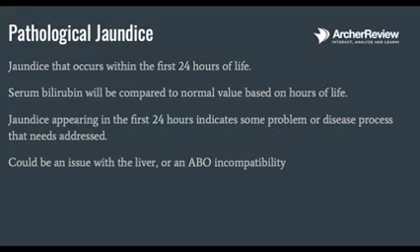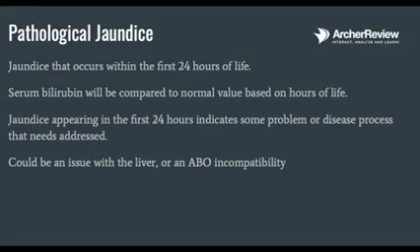Another really big one is an ABO incompatibility. Now, we have a whole other lecture that gets into ABO incompatibilities, but remember, this is when mom and baby have different blood types, and it causes problems for baby because they have cells that are incompatible, and that means a lot of breakdown of red blood cells. And remember, unconjugated bilirubin comes from the heme being broken down during red blood cell breakdown.